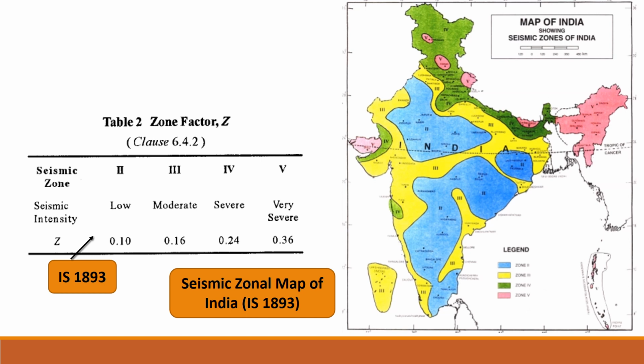The regions of India that are in zone 5, the highest risk, are the northeast, the Srinagar region in J&K, certain regions in Himachal Pradesh, and the Kutch region in Gujarat, besides a portion near Sikkim.